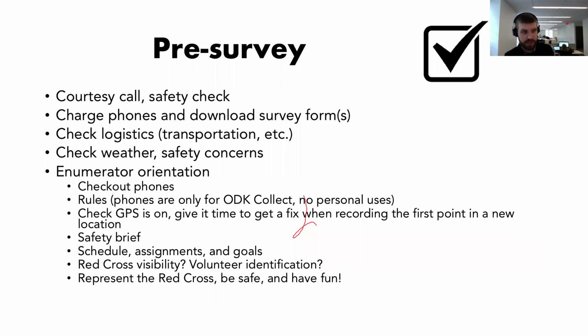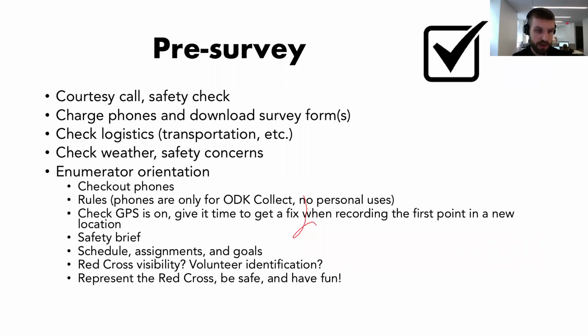In addition to the initial training of your people doing the surveys, you'll need to do some sort of orientation prior to sending people out. If you're just giving people phones instead of having them bring their own devices, you'll need some sort of checkout system for your hardware, your devices. You'll probably want some sort of set of rules about using the phones only for the data collection and not for personal use.